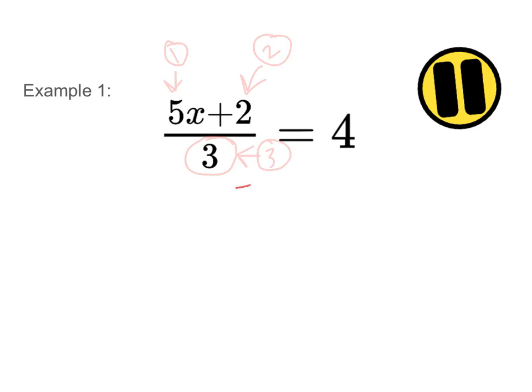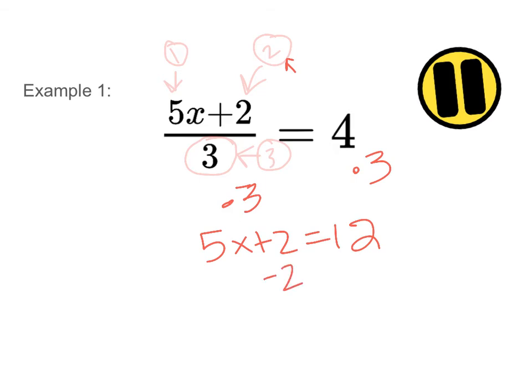So we're going to multiply both sides by 3. That'll get rid of the divided by 3, so it's just 5x plus 2 equals 4 times 3 is 12. Now, the second step was to add 2, so I'm going to subtract 2 to undo that.